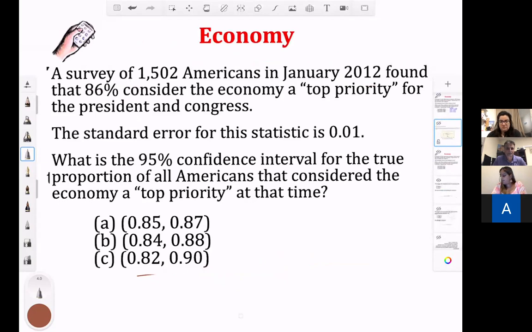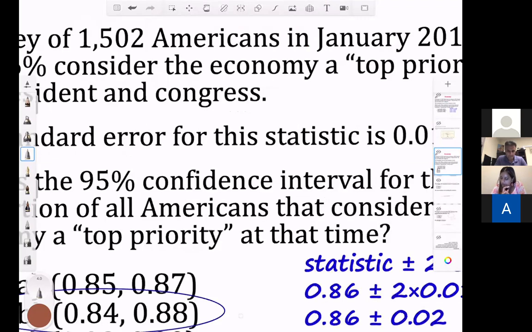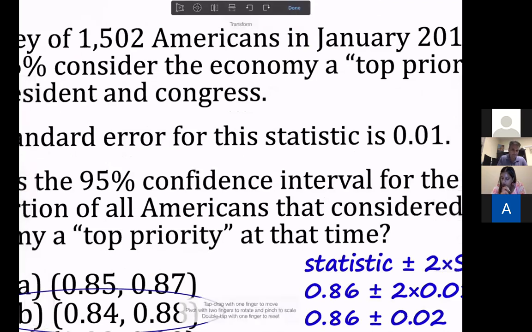Standard error. So now we have a standard error. A survey of 1,000. Is it B? Yes, it will be B. So we're going to use the formula, correct?